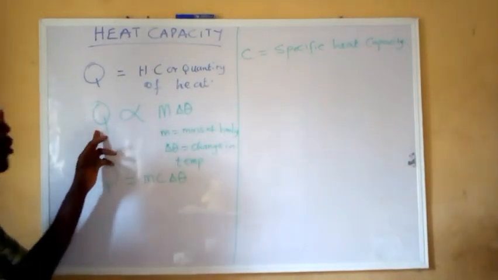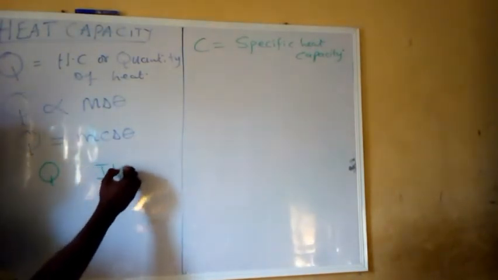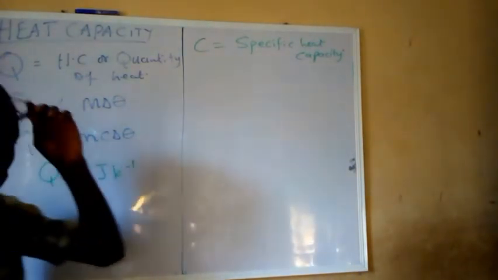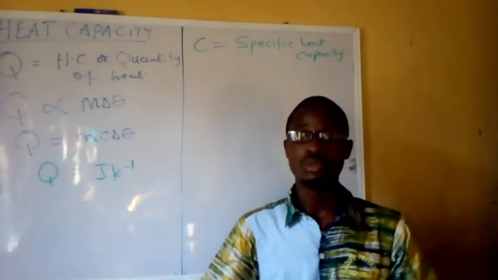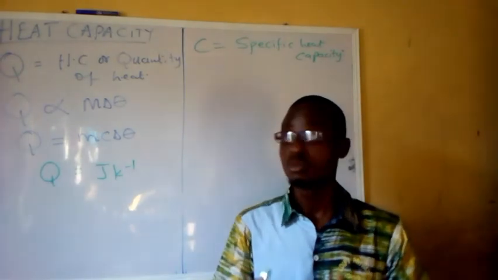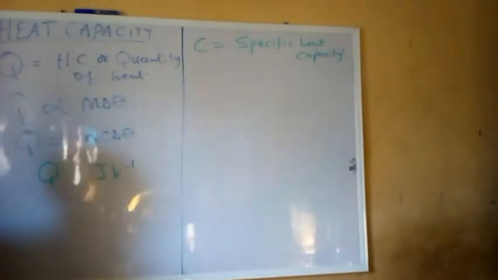Anyway, the quantity of heat Q of the body is measured in joules per Kelvin, since it is the quantity of heat required by the body for the temperature to be raised by 1 Kelvin. So it is measured in joules per Kelvin.